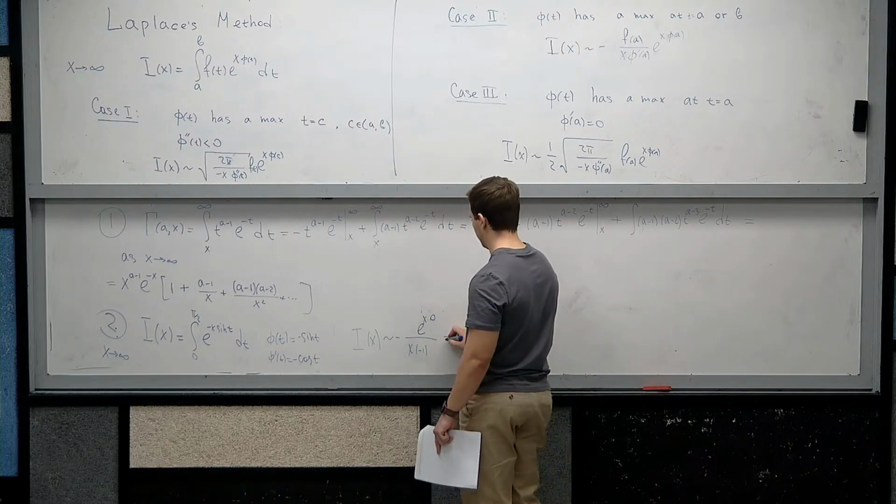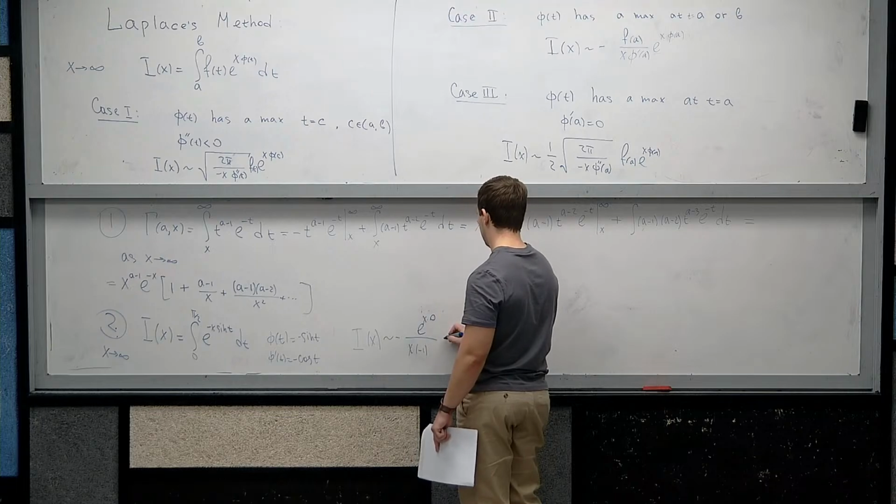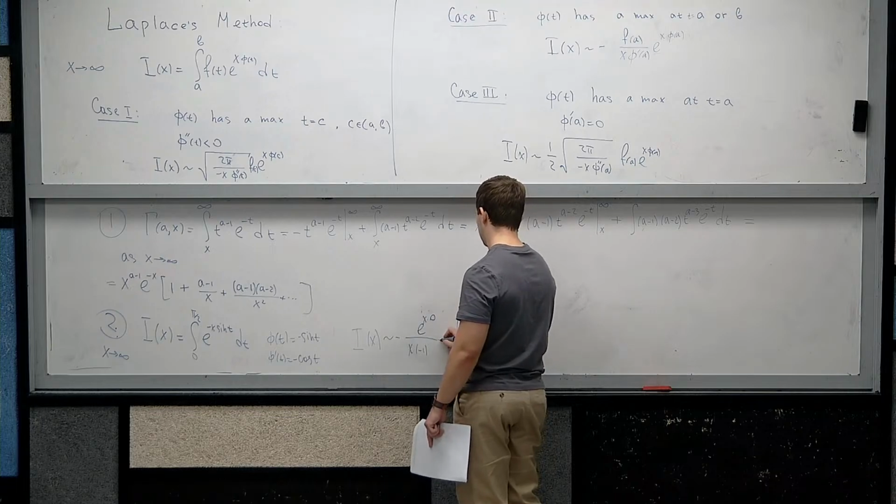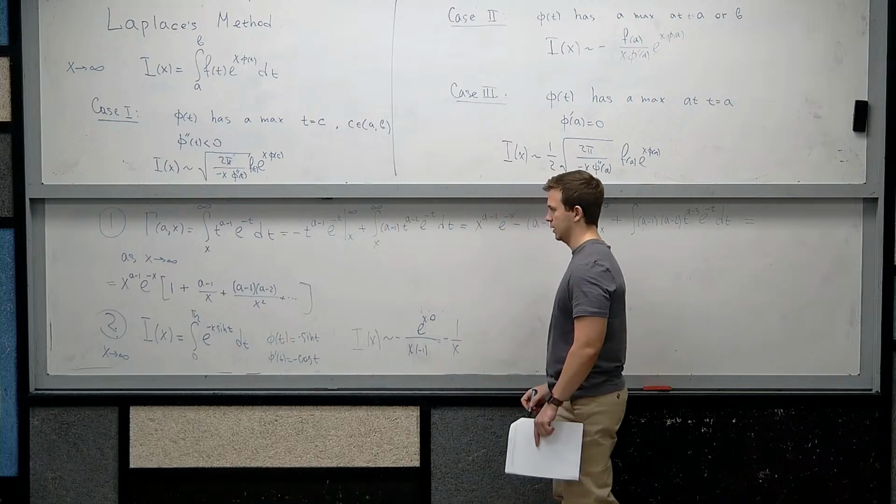Yeah, that's it. So it's just minus 1 over x, the asymptotics.